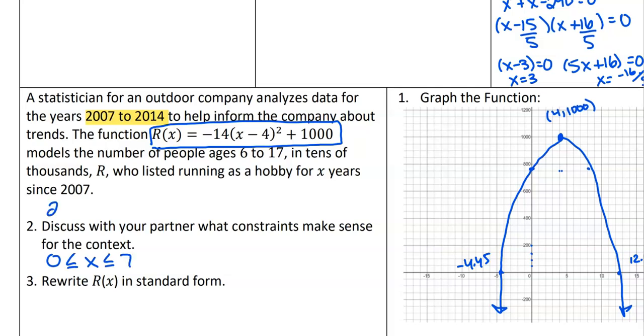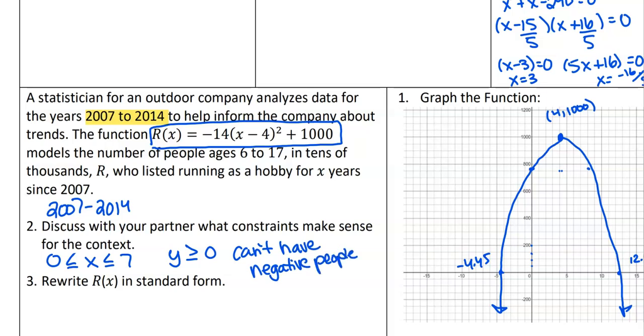What about my y's? X was years. What do the y's represent? Number of people. We're not going to have negative people. So my y's have to be bigger than or equal to 0. The quadratic shows just a function in its graph, but if we're applying it to real world stuff, there are certain things my graph cannot go to.